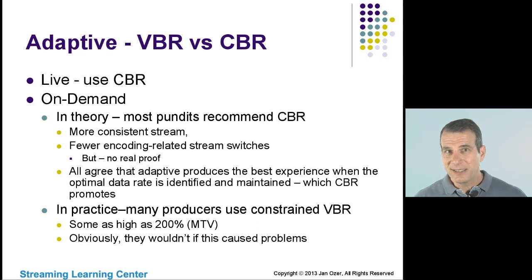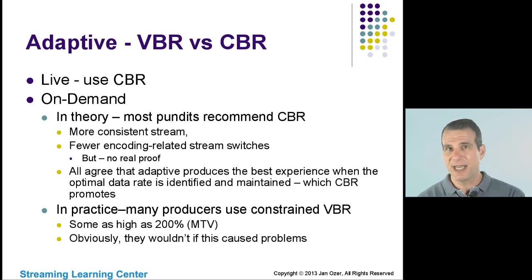I say theory because I did an article for Streaming Media Magazine a couple years ago, and I spoke to a lot of producers, including MTV, who obviously sends out a lot of streams and a lot of high-quality streams. And they're using 200% constrained VBR for their adaptive bitrate encoding.